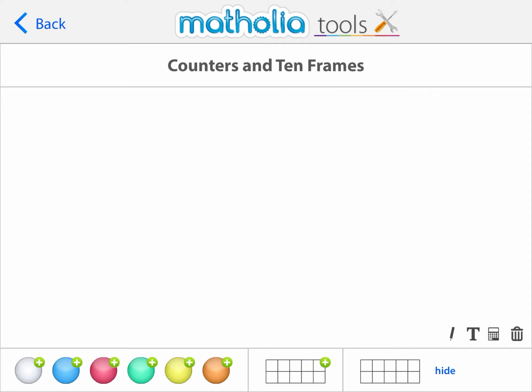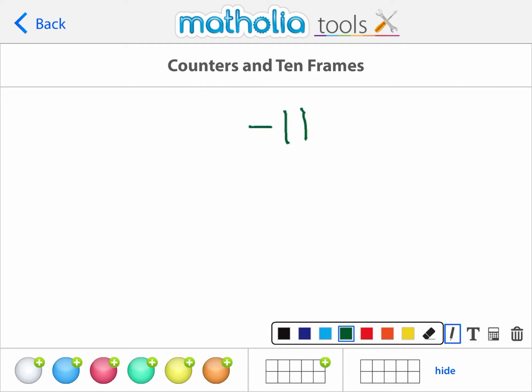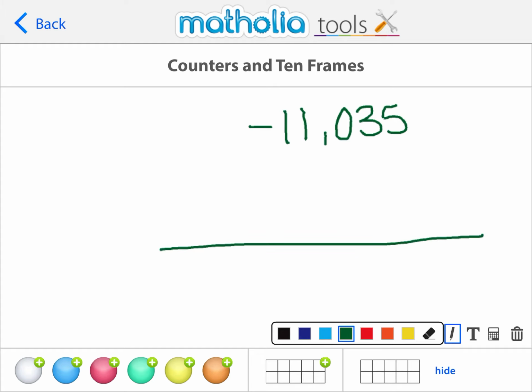Let's see another one. Let's say, for instance, we were talking about the depth of Mariana Trench. It is 11,035 meters below sea level, which is why this is negative. And if we were going to measure that from 0, our starting point would be 0. We are looking for the absolute value, so we need our 2 bars over on the left and the right.